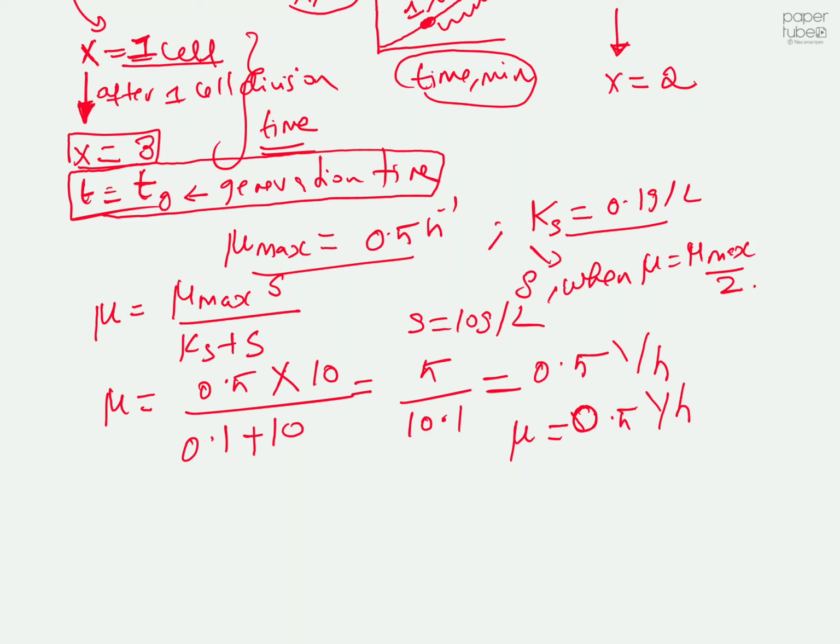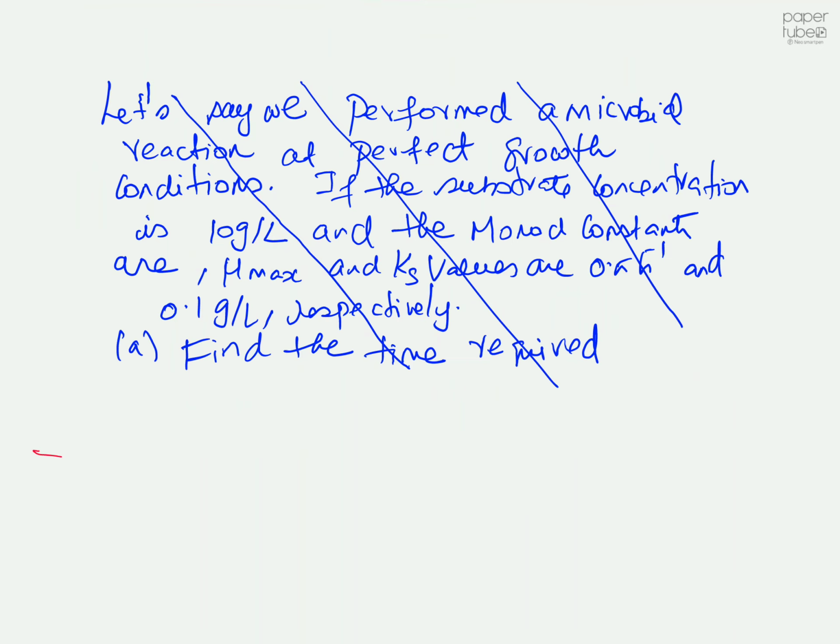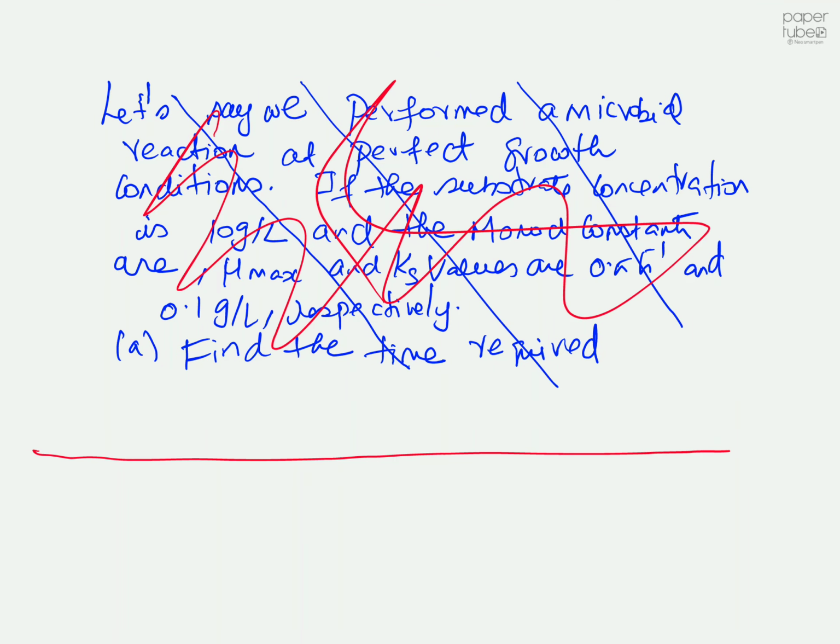Now we need to calculate the time required to triple the biomass concentration with respect to the biomass concentration at any instant of time. Let's continue with this problem.